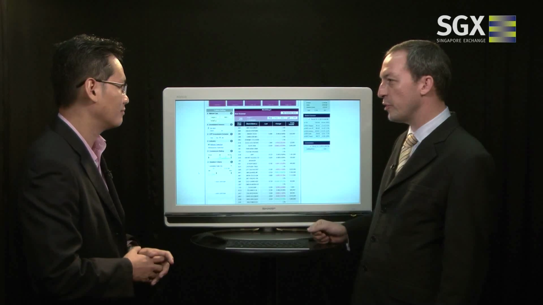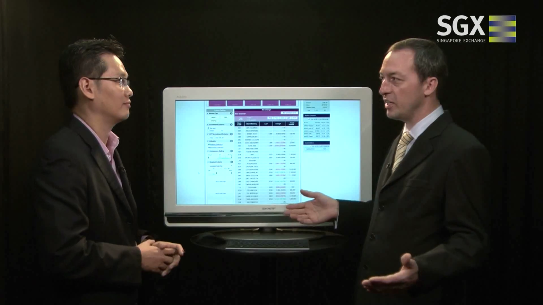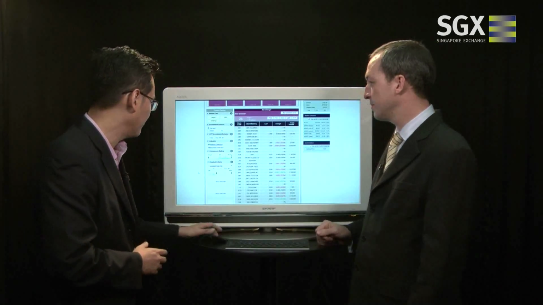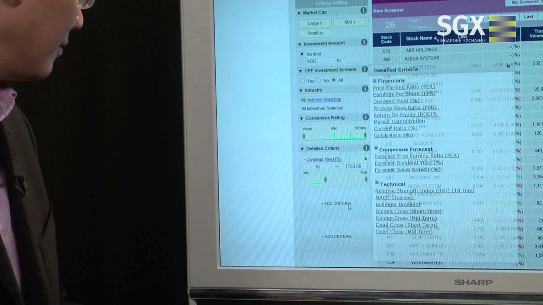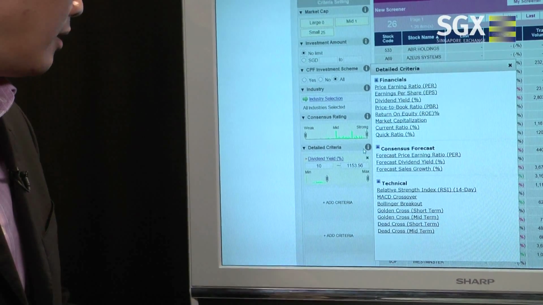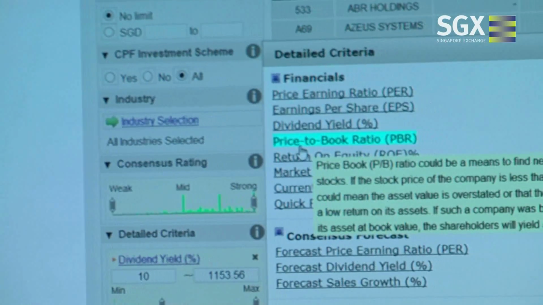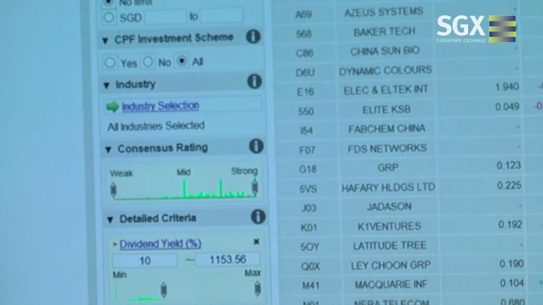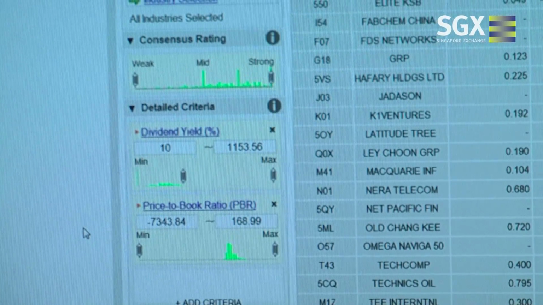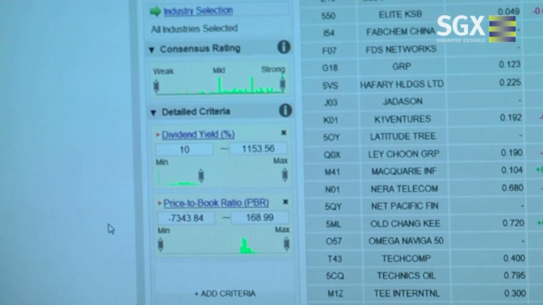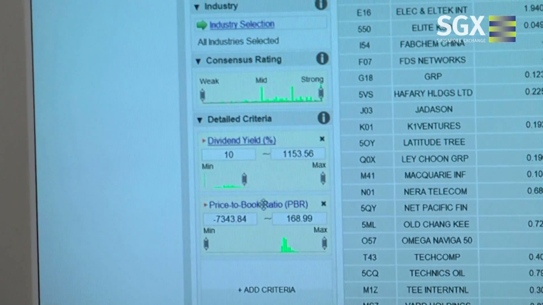Can you then refine them further to, let's say, pick stocks that are trading below book value? Sure. Again, just click on add criteria. Probably I'll choose the price to book. There it is. Of course, I would like to have book value below 1 if that's possible. Let's see if I can find anything out there.